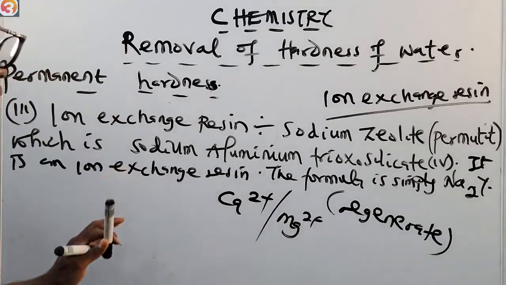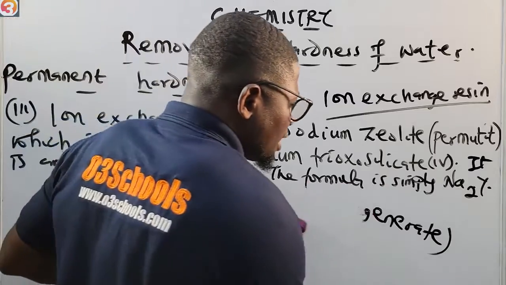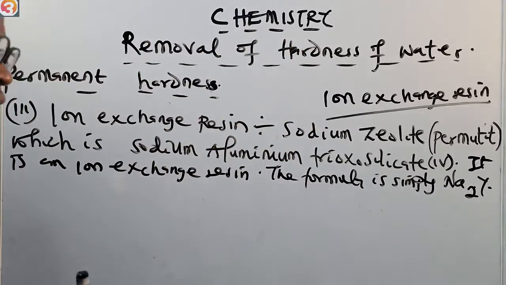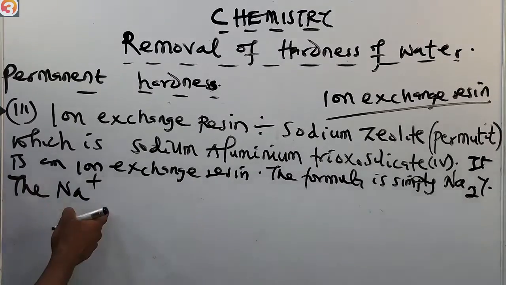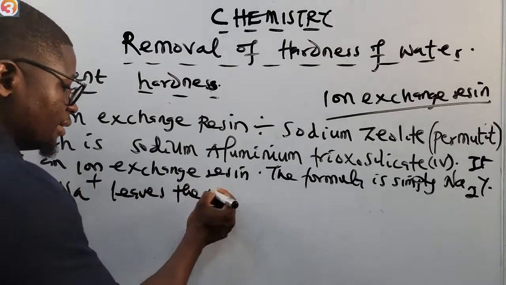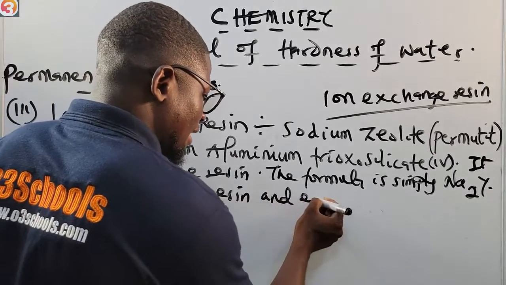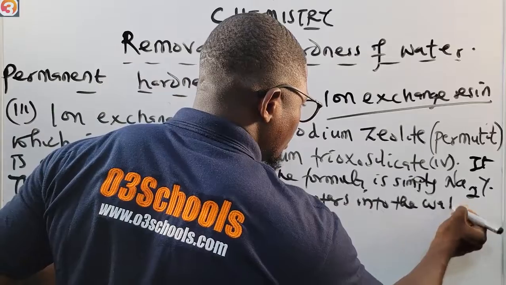The formula of the resin is simply Na2Y. When hard water is poured into the resin, the sodium ion, Na+, leaves the resin and enters into the water.